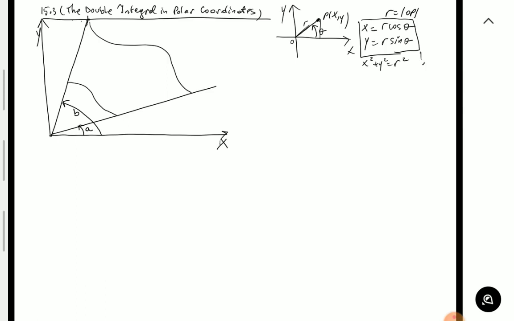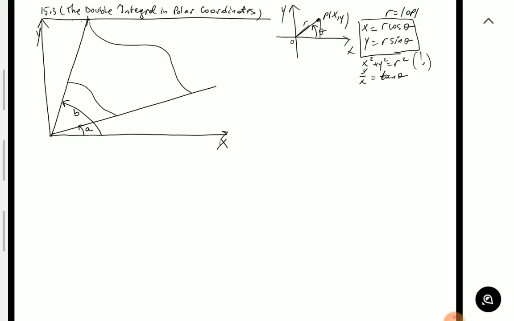That's an indication that things can be easier via polar coordinates if you have quantities like this, because handling x squared plus y squared is harder than just r squared, as you'll see when the time comes to integrate. It might also be useful to remember that y over x is tangent of theta. That appears a little less often in our applications.